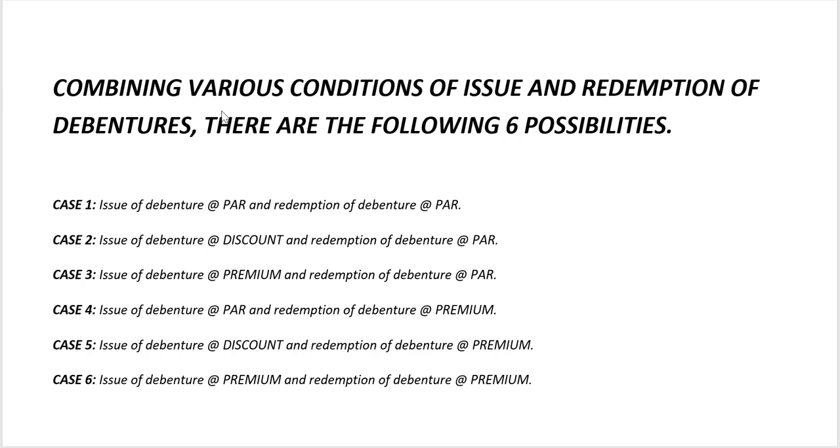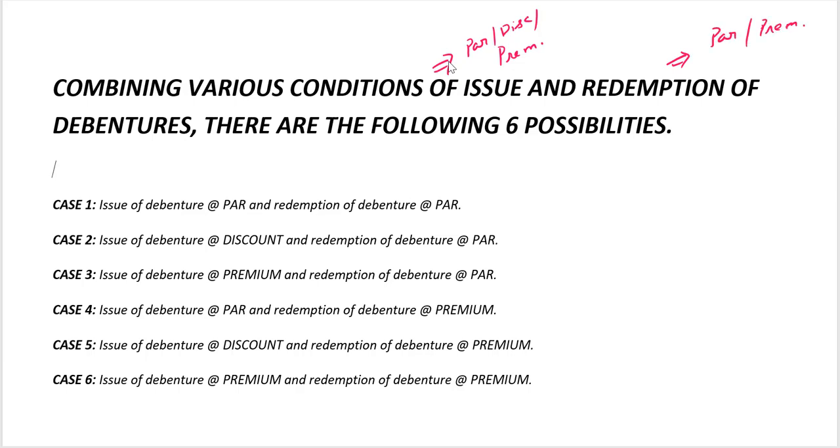So, combining the various conditions of issue and redemption of debentures, there are the following 6 possibilities. As we learnt, the issue can be at par, at discount, or at premium, and the redemption can be at par or at premium.